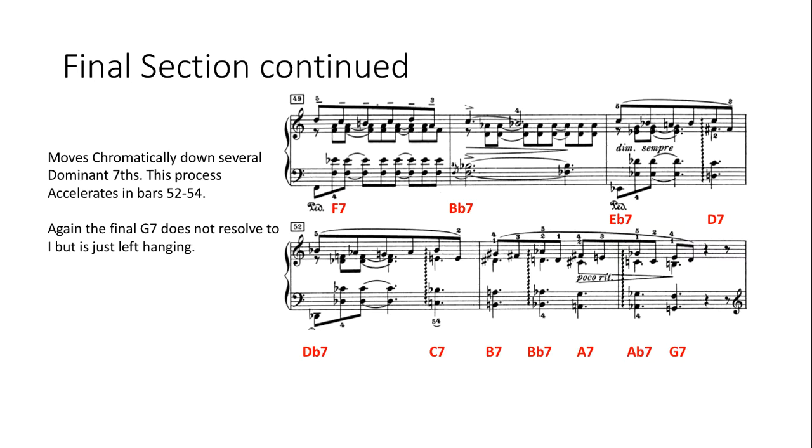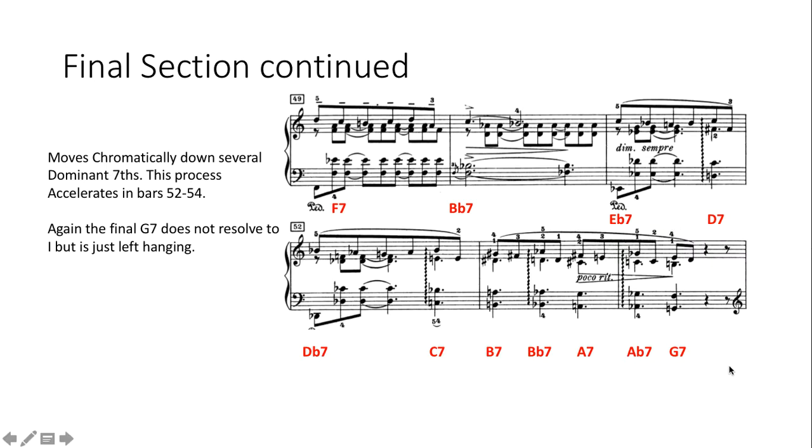It feels like a sped up version almost of the chromatic descent in the B section. So we do get this sense that it's deteriorating away as we descend through a number of dominant sevenths. We do land on G7, the dominant chord of the piece, at the end, but again you can see that it's just left hanging.